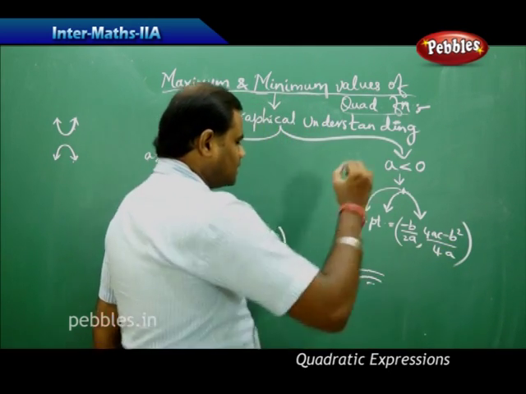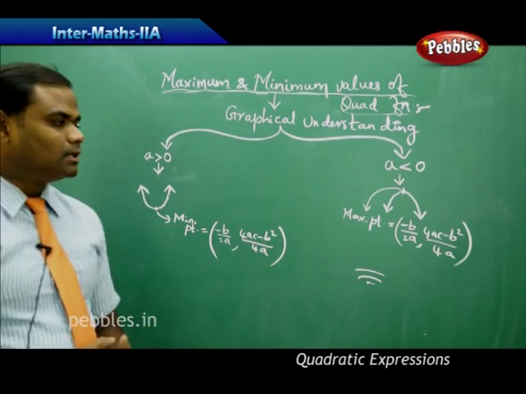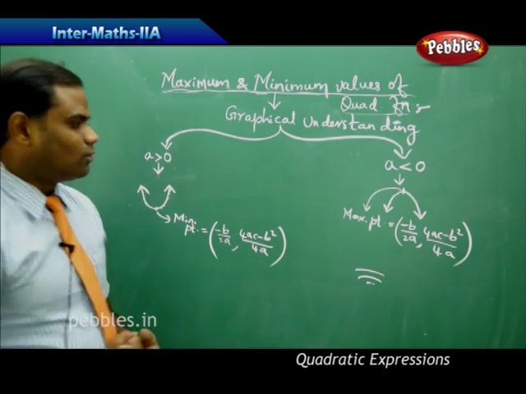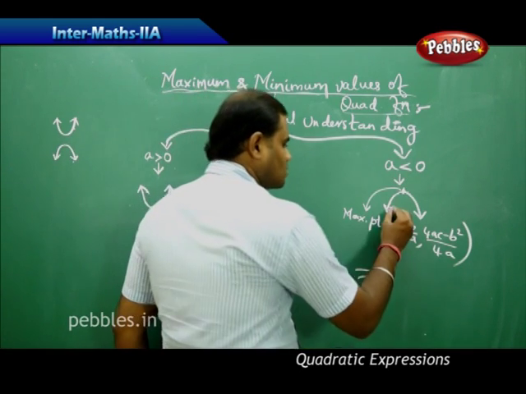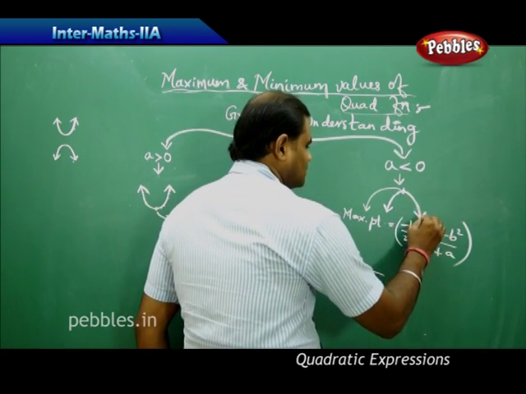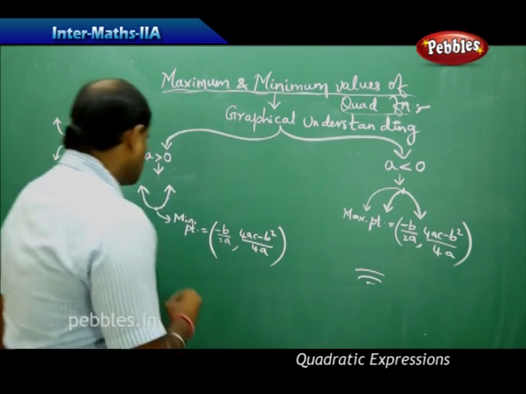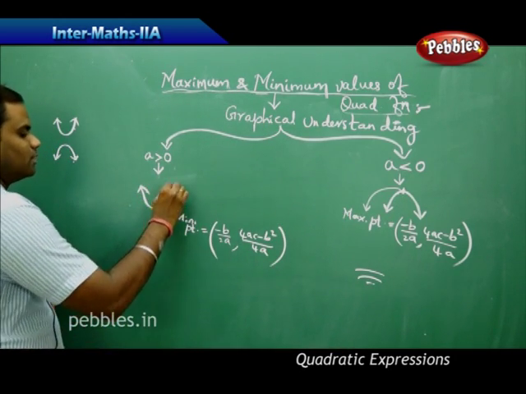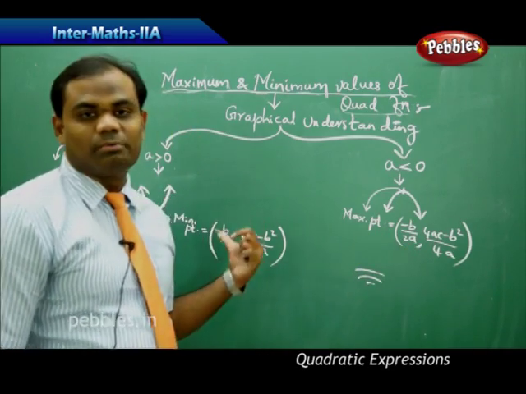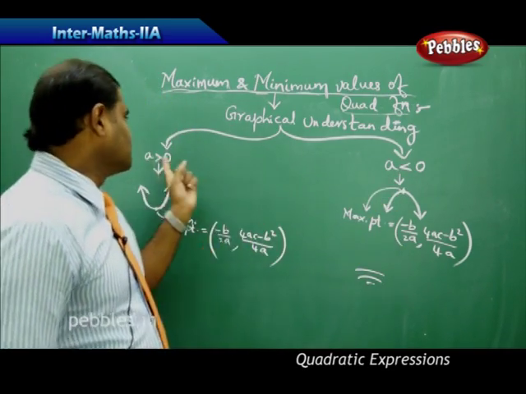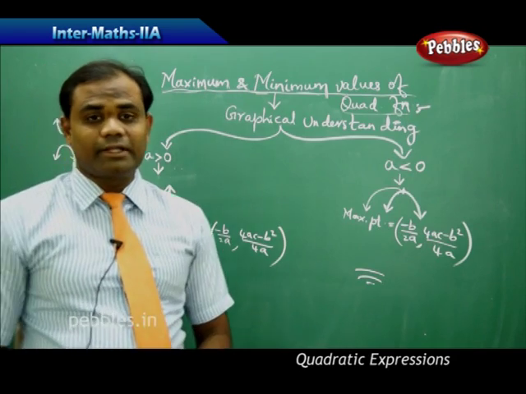That is how I understand the maximum and minimum for the given quadratic functions. In this case, this quadratic has the maximum; in this case it has the minimum. This is how we understand the maximum or minimum based on A less than 0 and A greater than 0.